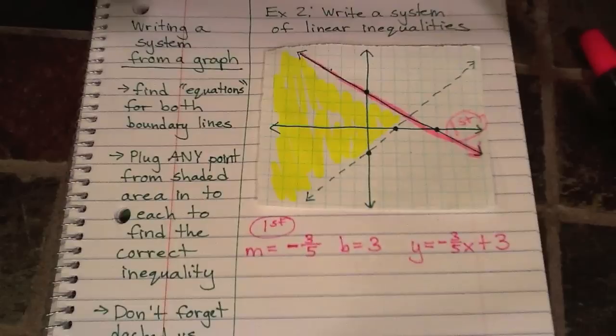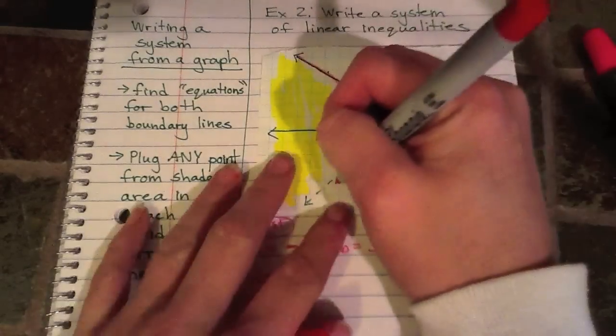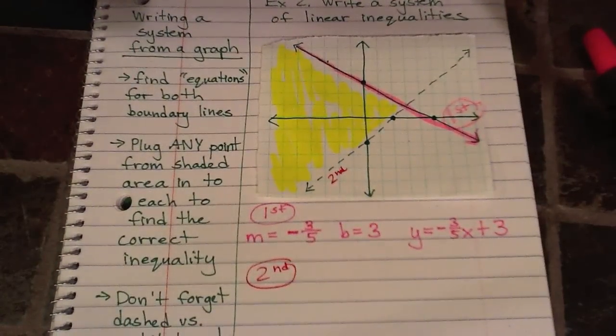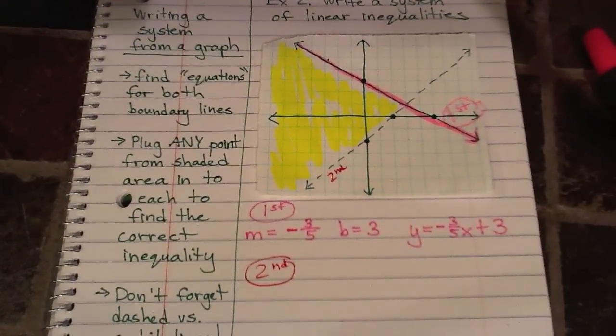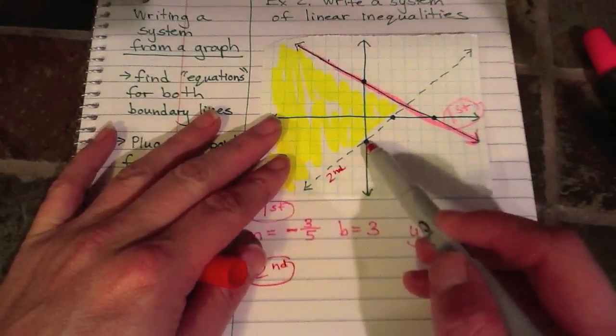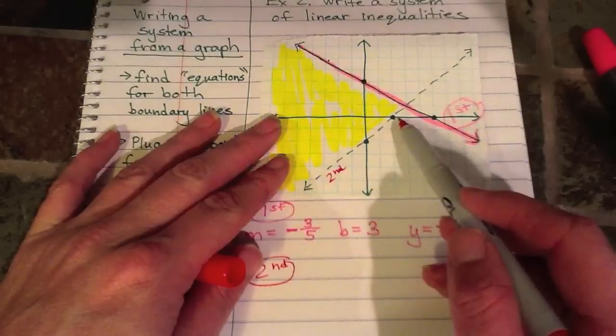Now I'm going to look at the second line. Notice it's dashed. Same thing. I can count out my m, my slope, up 1, right 1.